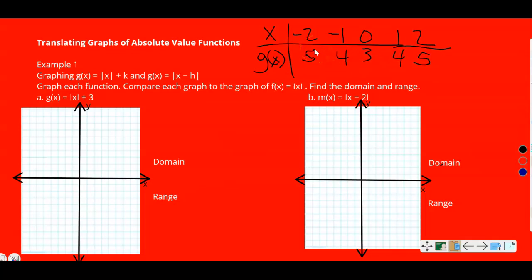All right, so if we go -2, 5; -1, 4; 0, 3; 1, 4; and 2, 5.